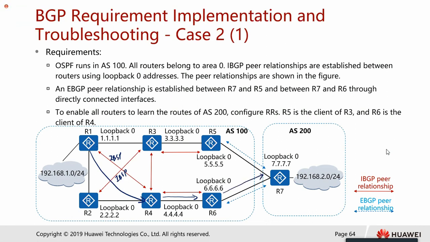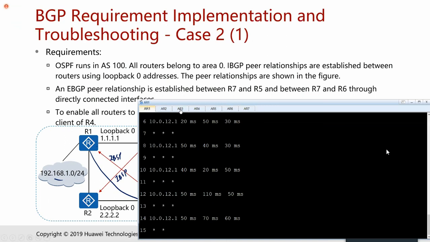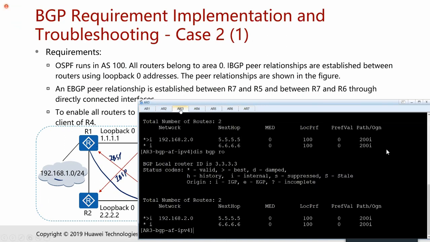So R3 did not learn this information because this is a non-RR, non-client. Whichever I learn from here, I will not send to the next non-client. So R3 will never know how to go to 10. That's why when I checked the routing table just now, R3 displays BGP route and does not have this 100.